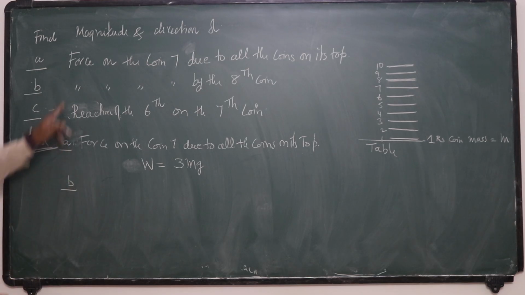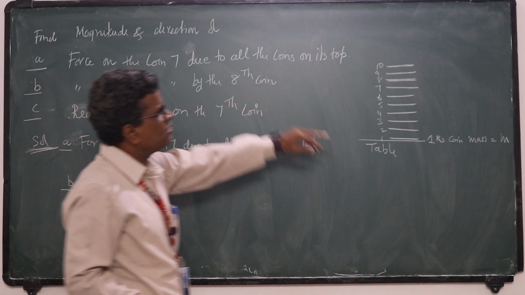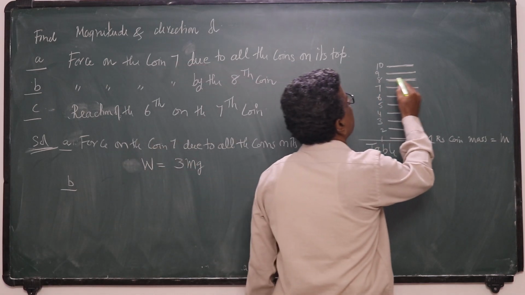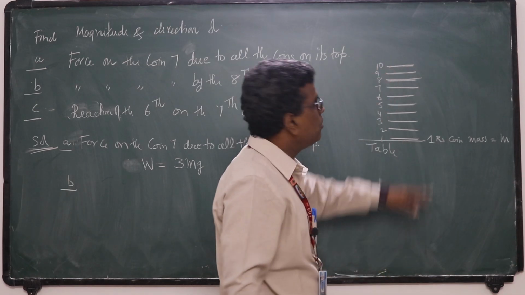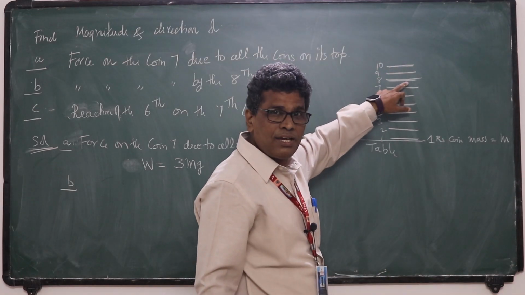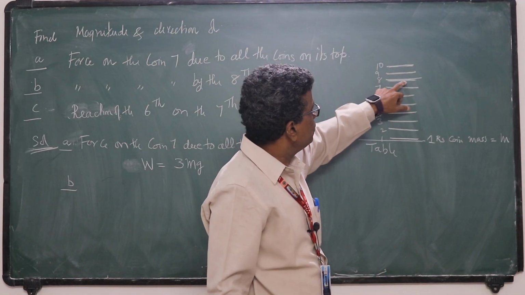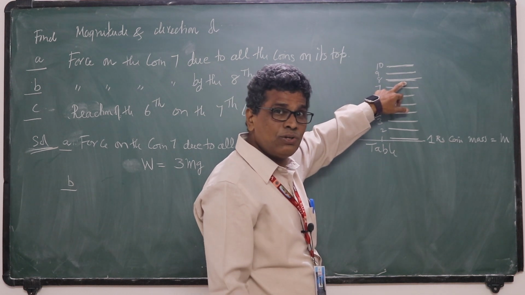Solution B: the force on the 7th coin by the 8th coin. The weight of 2 coins falls on the 8th coin, and the 8th coin has its own weight.